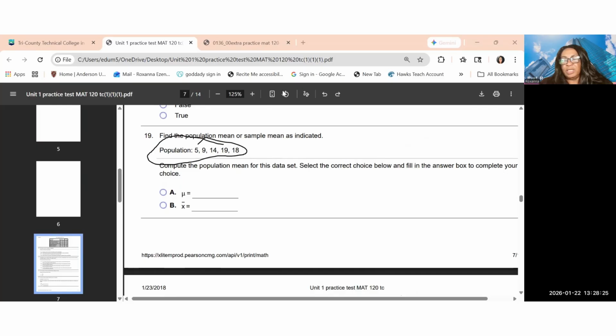I'm putting the numbers in a list. Okay, so I have all the numbers in a list. Then the first thing is to look at the numbers given to me and make sure that they are correct. Whenever you put the numbers in a list, you want to make sure that you put it correctly.